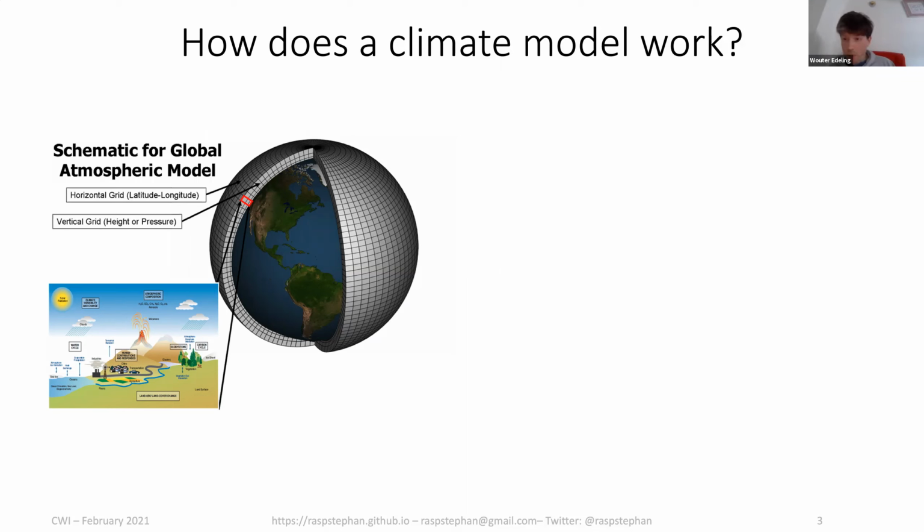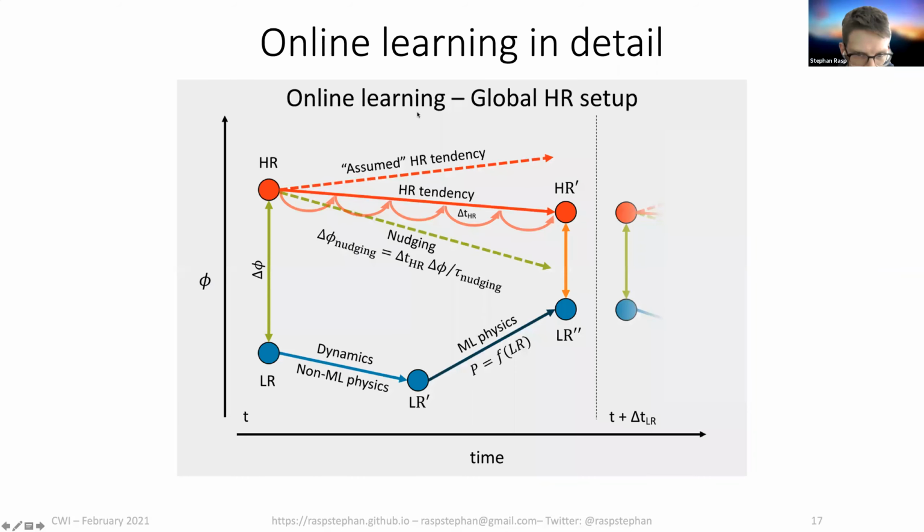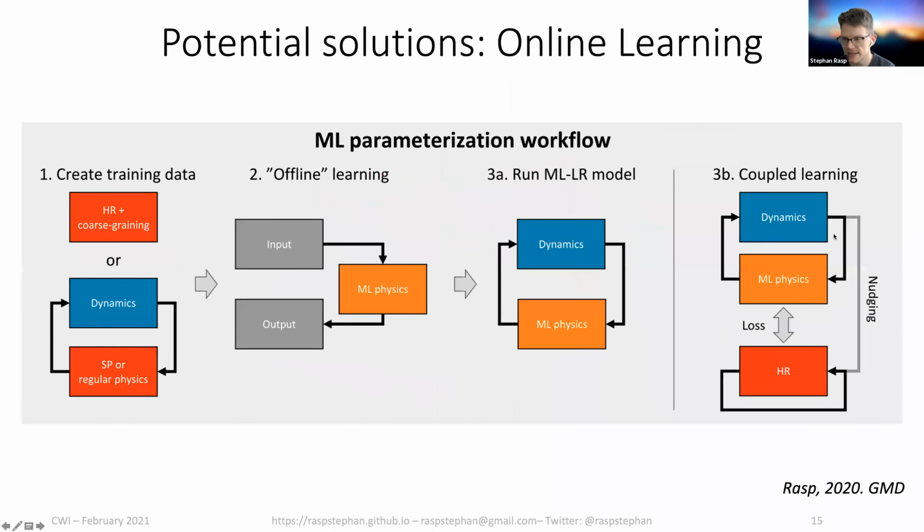In the chat, Gijs van den Oort asks why you're not nudging the other way around, because that would perhaps allow. Good question, and I was thinking about this for a long time actually. The reason is that you don't want to modify your low resolution simulation, because the right side here is not the final step.